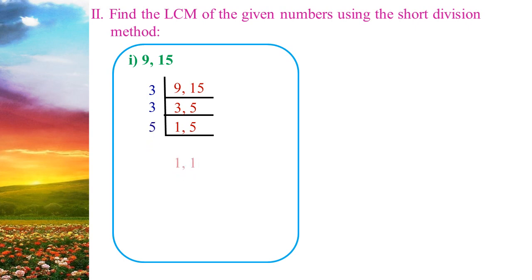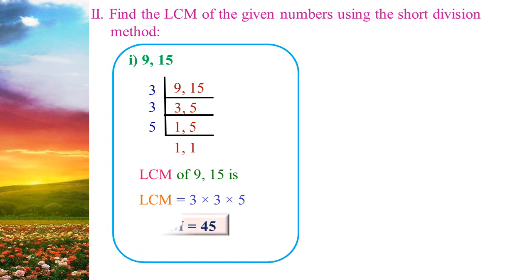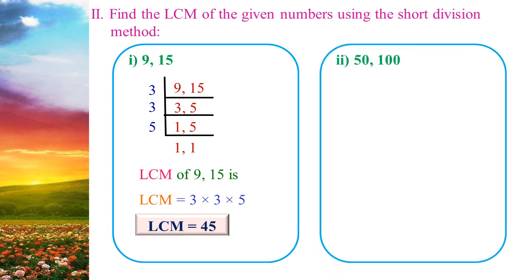On dividing by 5, 1 five is 5. The LCM is 3 into 3 into 5. 3 threes are 9, 9 fives are 45. So the LCM equals 45.